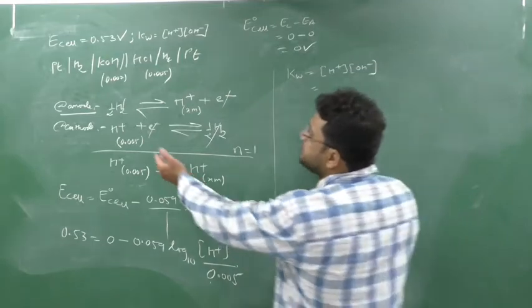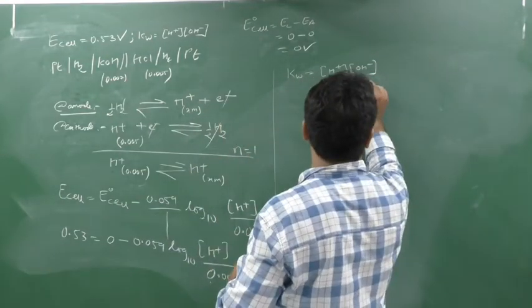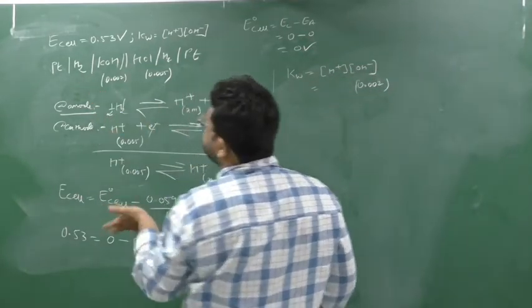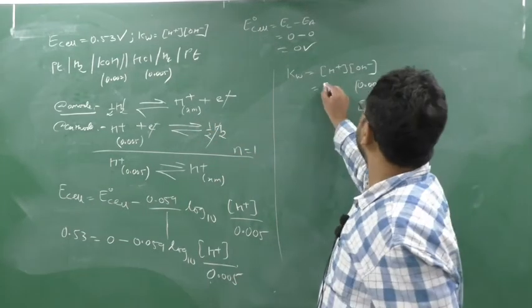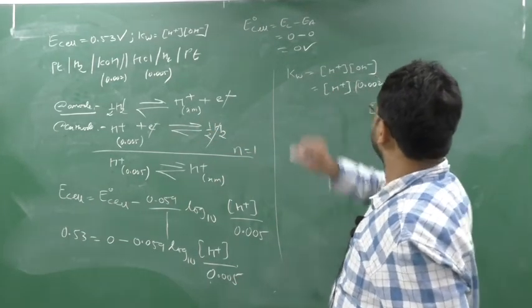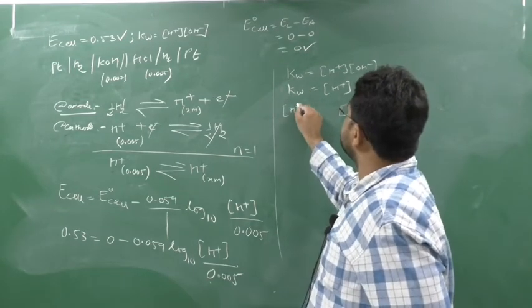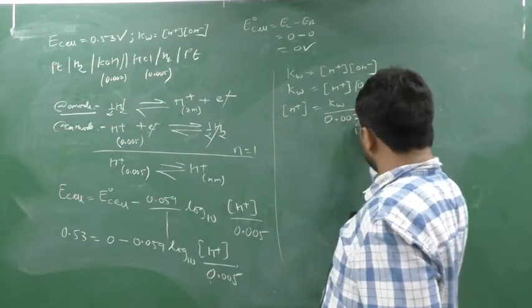Now the concentration of OH minus they have given for the anodic portion, that is 0.002. But the anodic portion H plus concentration they have not given, which is X molar. So let it be as it is, and let it be here Kw. So the concentration of H plus I got is Kw by 0.002.